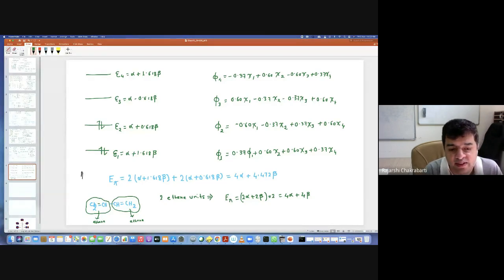So basically there is an extra stabilization, and this is called delocalization energy. And that is equal to how much? This one minus this one, which is 0.472 beta.